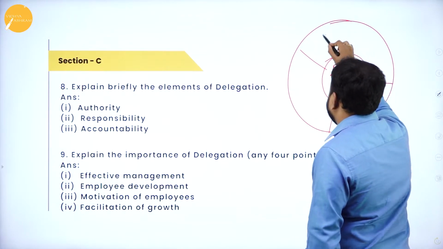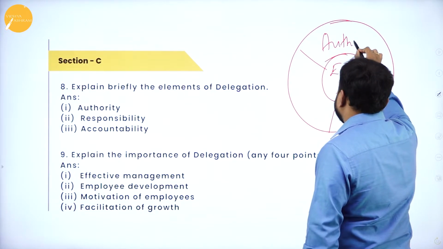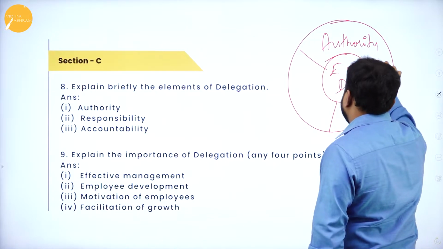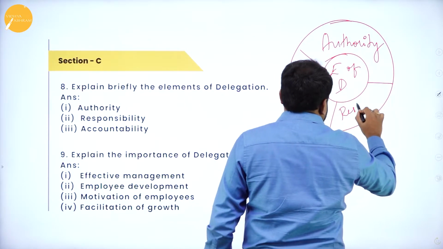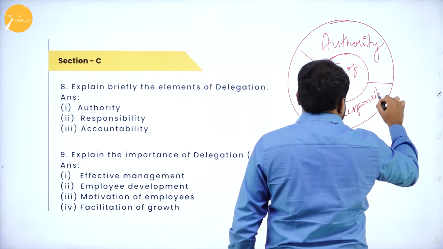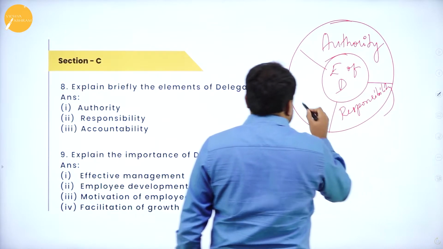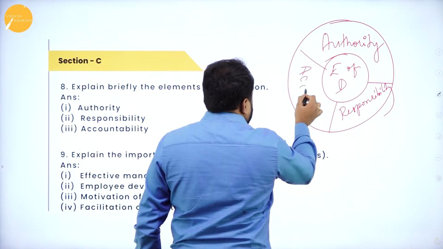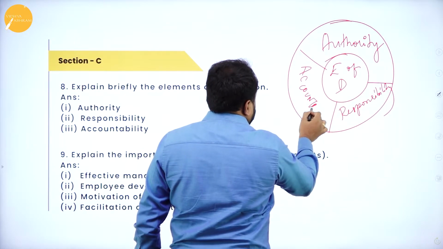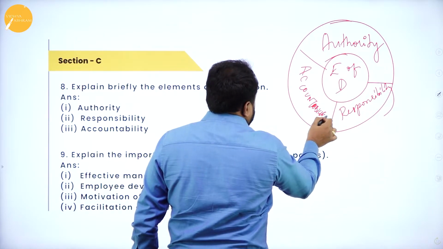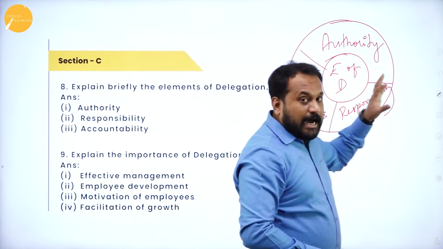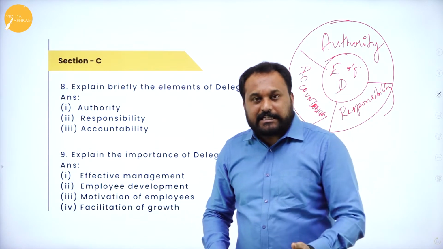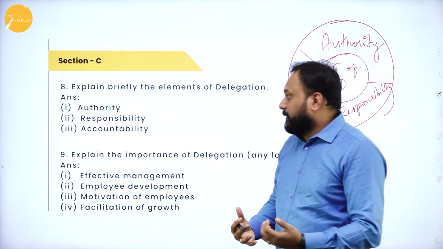Here you can write authority, here responsibility, and here you can write accountability. After that, try to explain each and everything a little more lengthily.